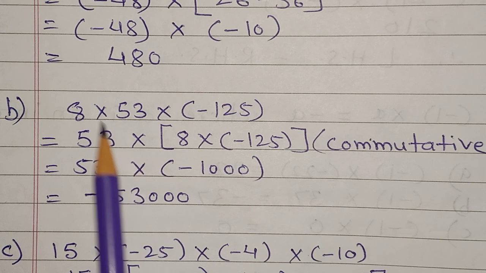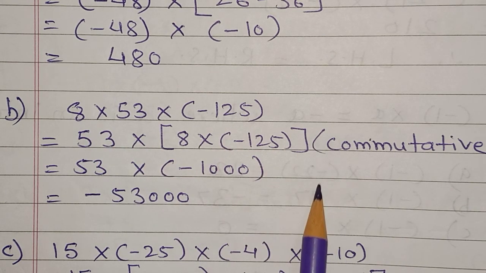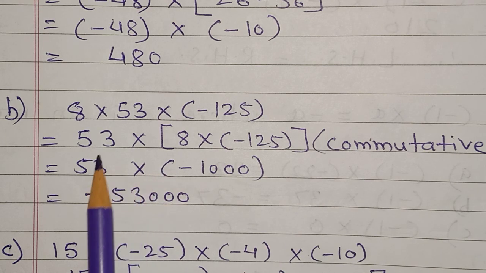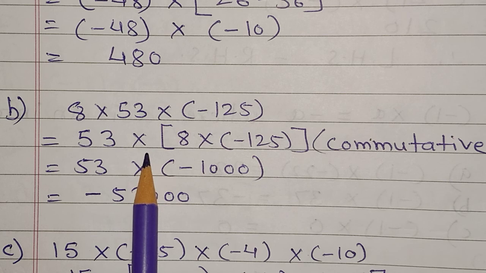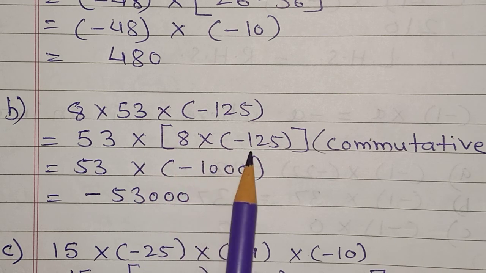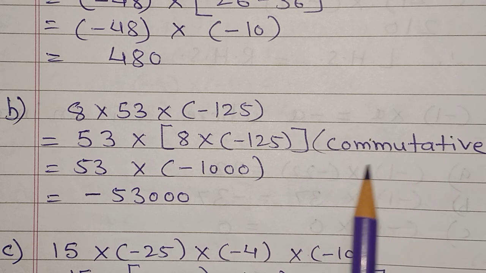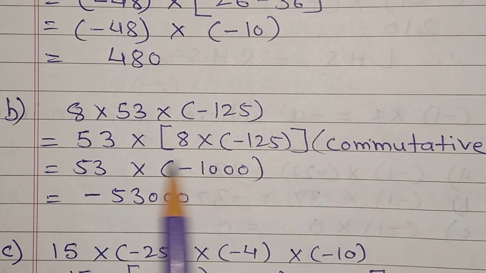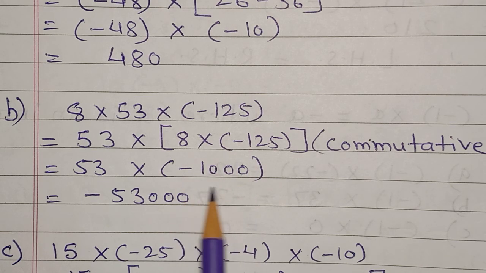Now next is 8 into 53 into minus 125. Now I have taken 53 out and into bracket I have taken 8 into minus 125. The property I have used here is commutative property. Now 8 into 125 we easily know the answer is 1000.